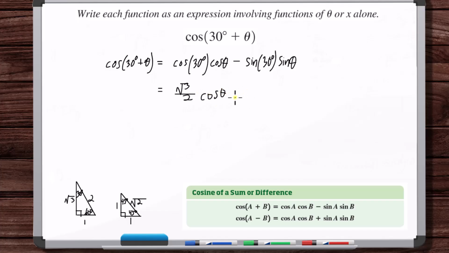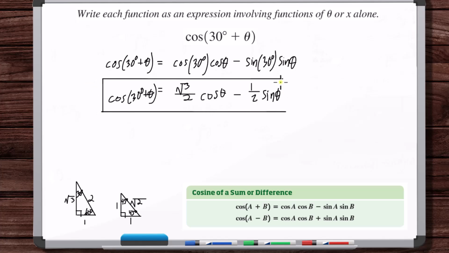And sine 30 is 1/2. And there we go. So cosine of 30 plus theta is equal to root 3 over 2 cosine theta minus 1/2 sine theta.